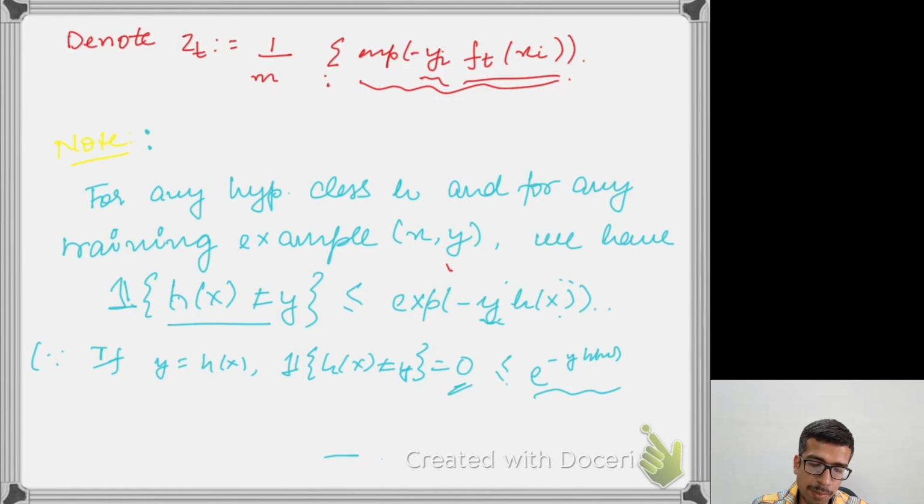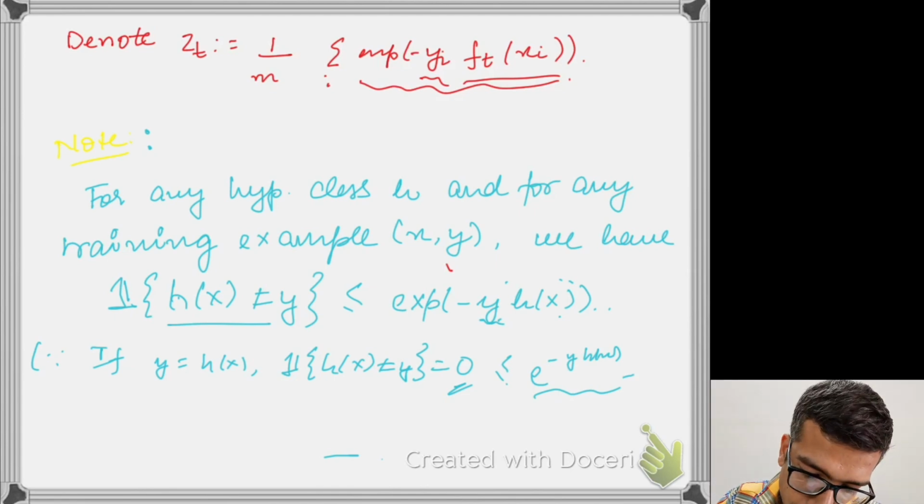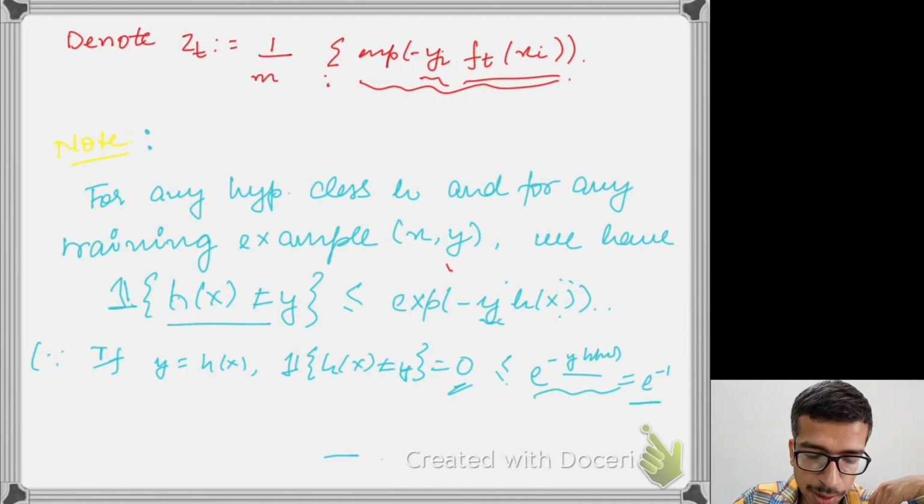So this is going to be less than or equal to exponential of minus y times h(x). Actually this is going to be e to the power minus 1, because h(x) equals y and both are either plus 1 or both are minus 1.